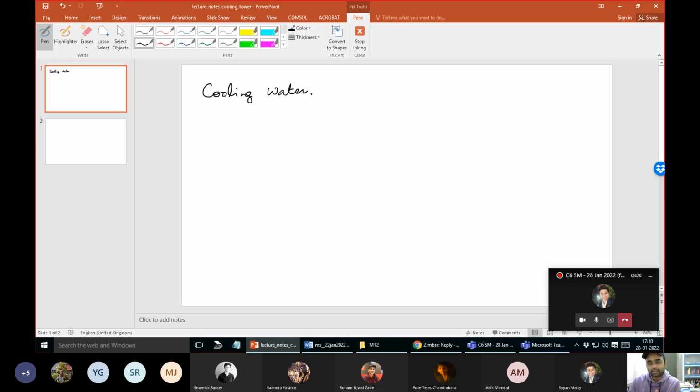I mean, we'll talk about the arrangements, but essentially the main principle is that in this process there will be evaporation of the water, and due to this evaporation the circulating water temperature will go down. So this is sort of an evaporative cooling unit that reduces the temperature of the water in contact with the air.